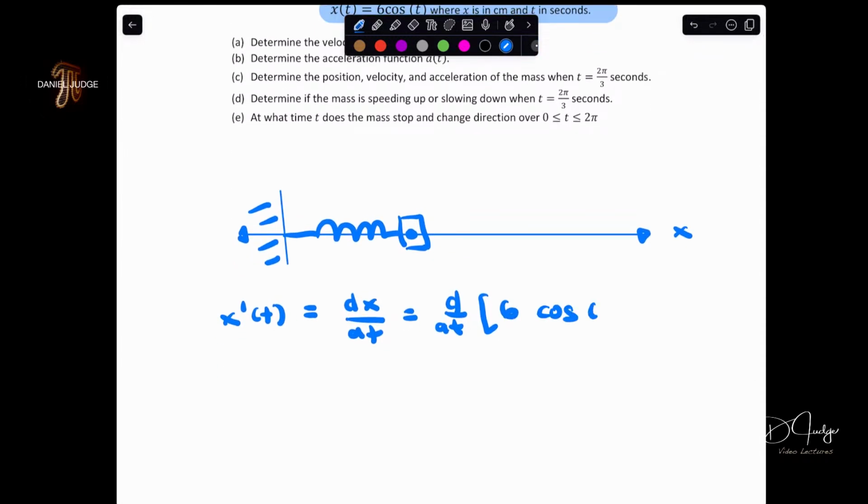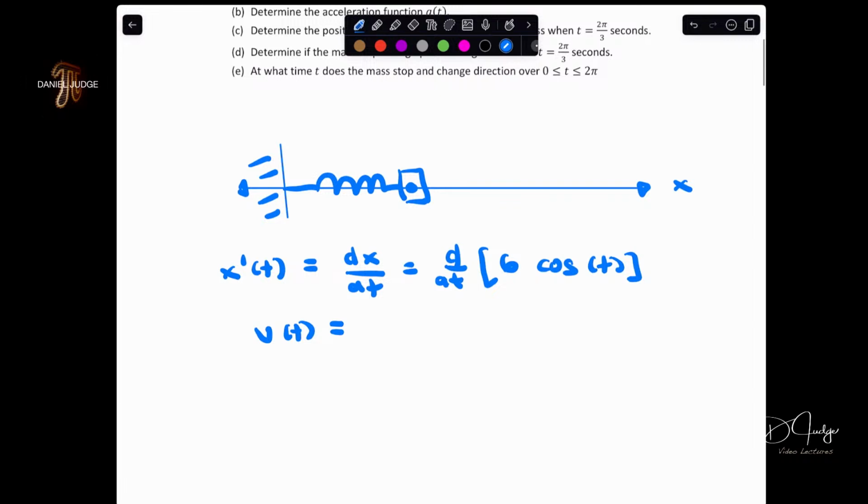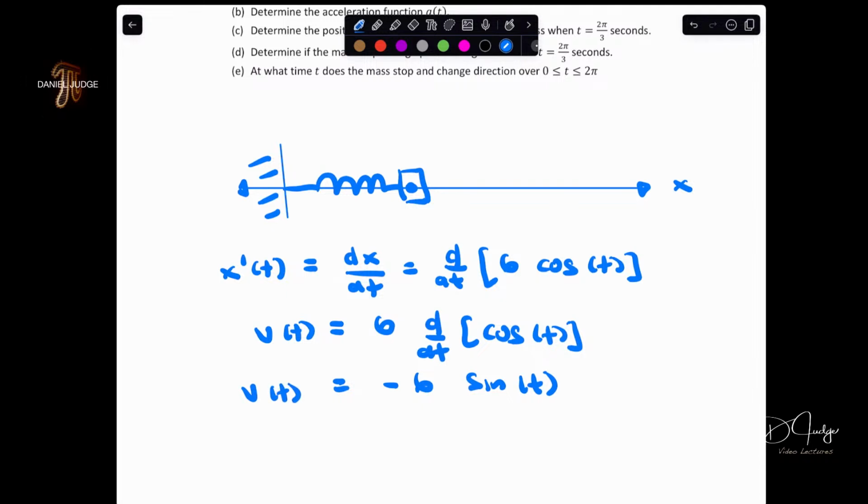This will give us velocity. If you want to write it as v of t, like we've been doing, you can do that. Pull out your constant 6, differentiate cosine, and the derivative of cosine is minus sine, so you get minus 6 sine t. So here's your velocity function.